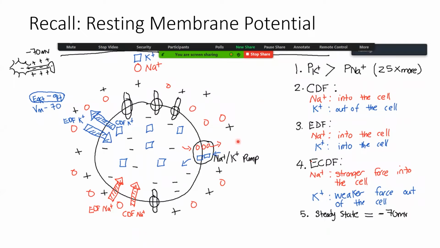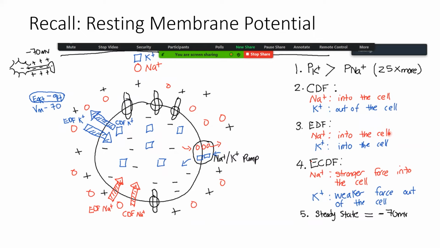So that movement is what helps to create the concentration gradients, which is then what determines the chemical driving force. So because there's more sodium outside, sodium has a chemical driving force, which is into the cell, which we can see here. And because there's more potassium on the inside, potassium has a chemical driving force, which is to the outside of the cell, which we can see here.